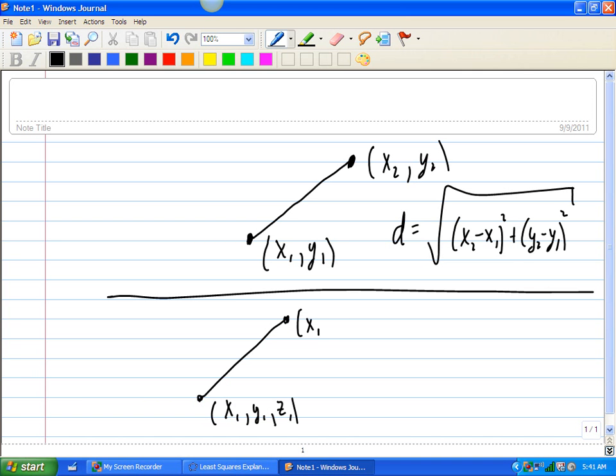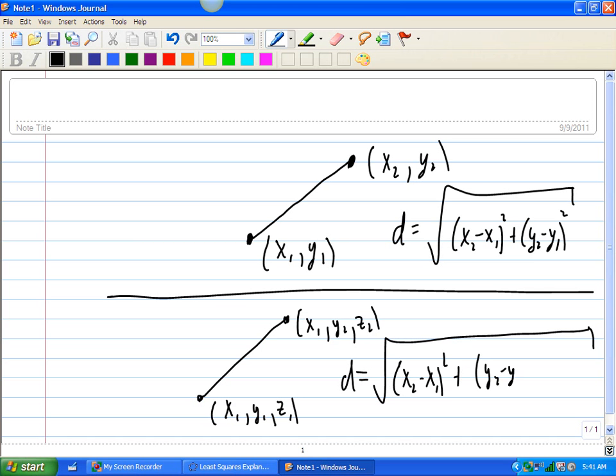We're just adding that third coordinate, z, and so we just copy over our original 2-dimensional distance formula, and we add in the z term. And that gives us a distance, and we were interested in the distance between yr and y, so we would use that formula.